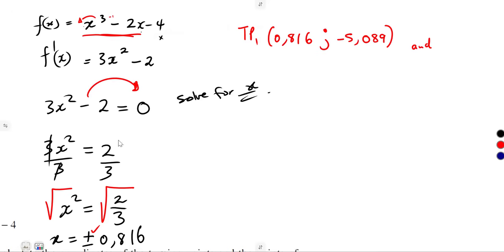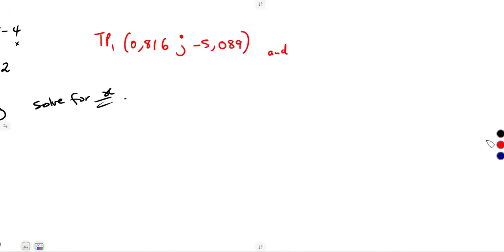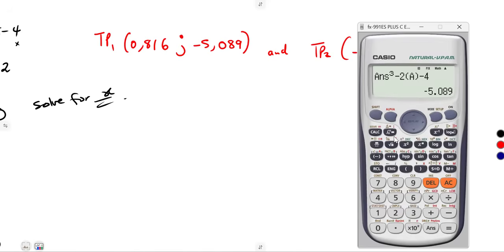And the second turning point is when our x is negative 0.816. We're going to have the value of y. Just like the previous case, we take negative 0.816 and store it at a.